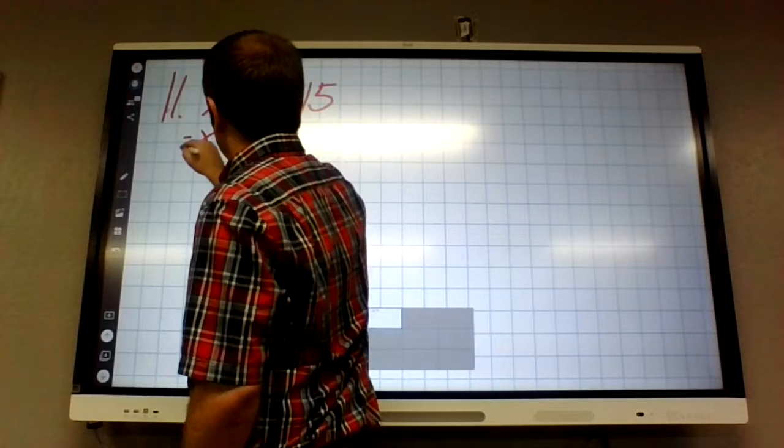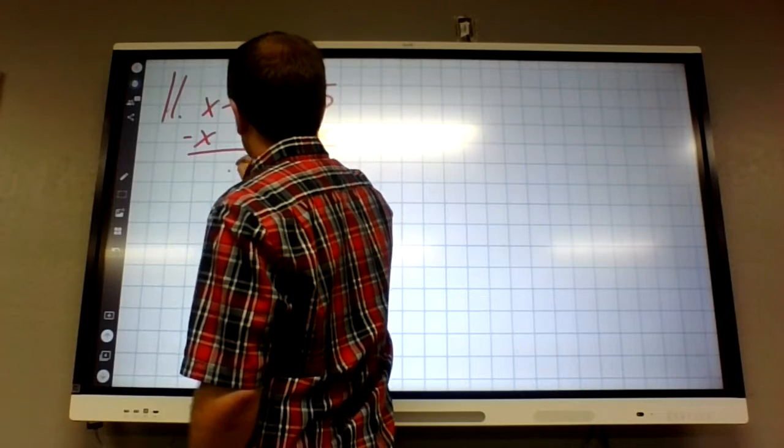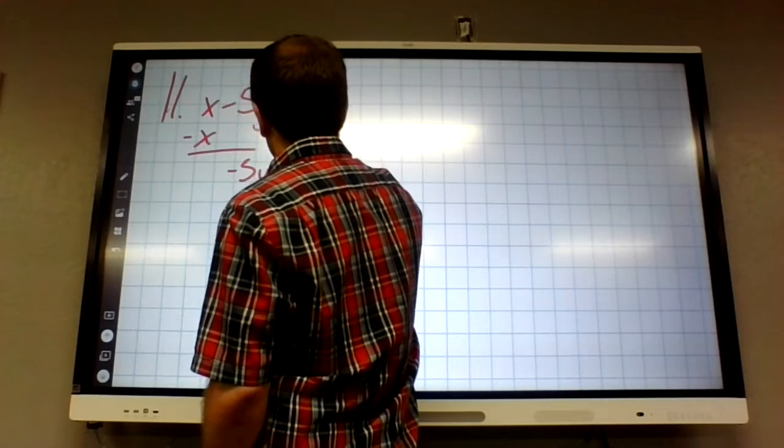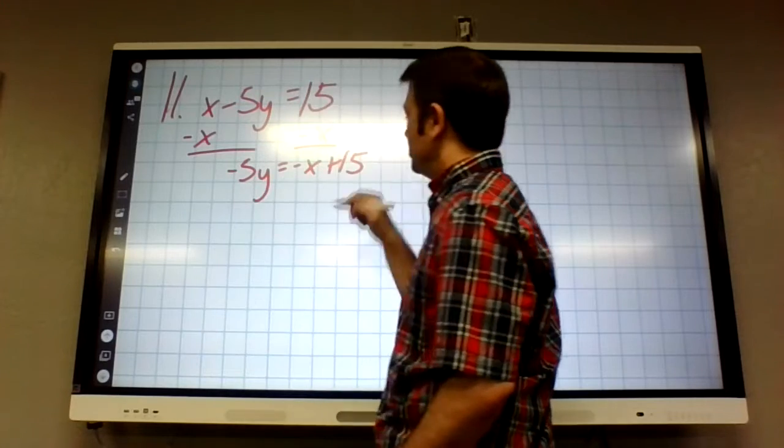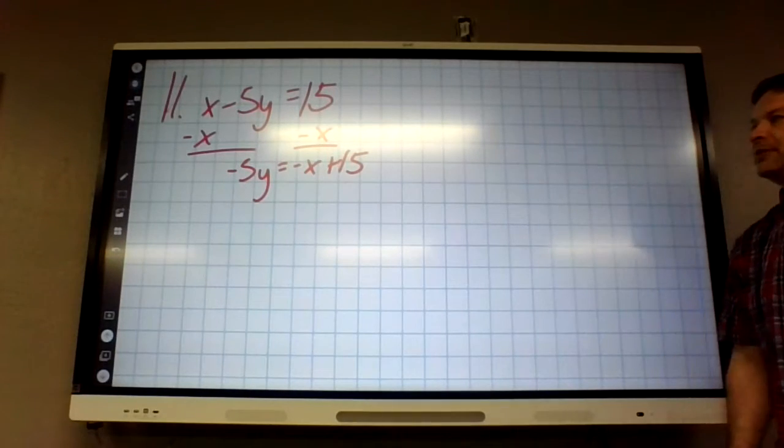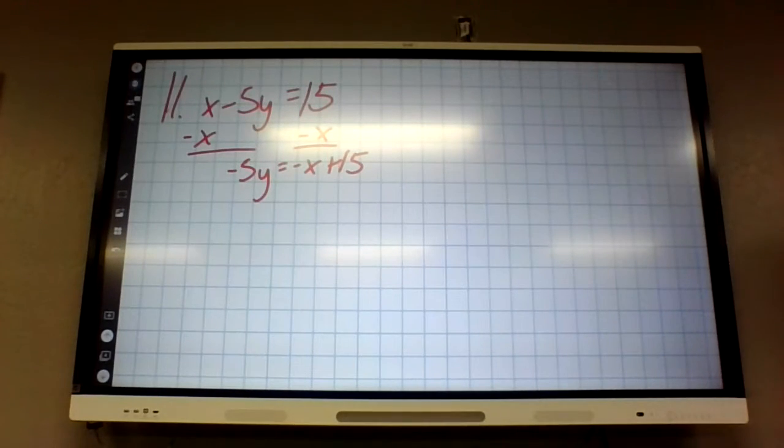So subtract the x. Notice I'm putting minus x in front of the 15. Then what?